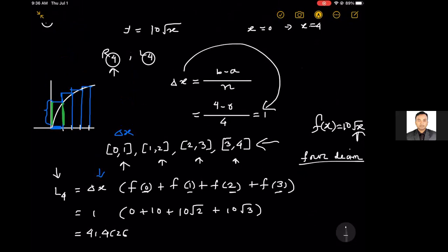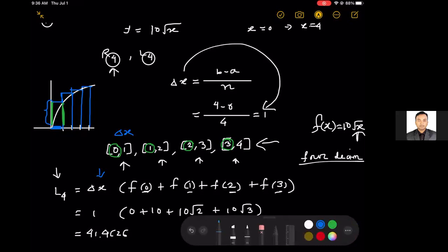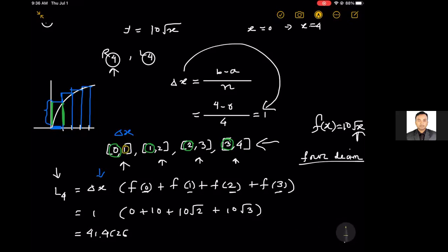It's mostly algebra, but you need to make sure which formula you are using and use it in its exact place. Since you are doing the left Riemann sum, just make sure you're taking the left end points of the subintervals. For the right Riemann sum, take the right end points of the intervals.